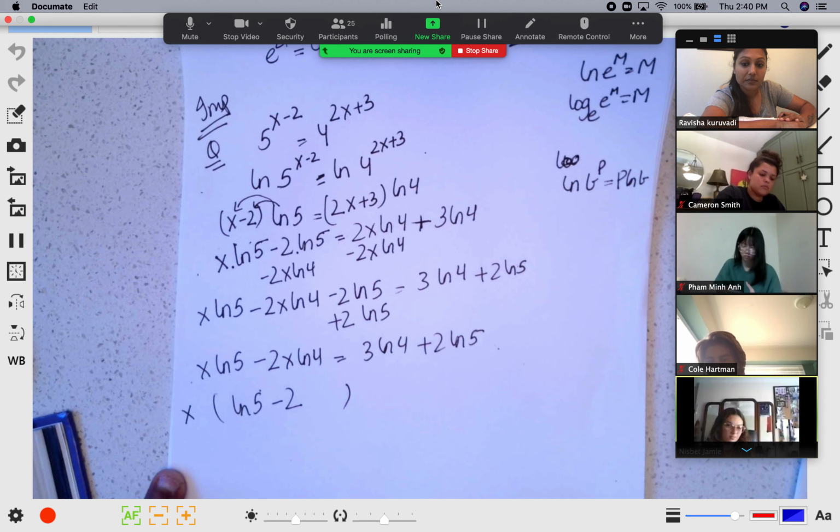Yes, correct. What's the next step? Your next step is to divide both sides by minus 2 ln 3. Basically, you get x is equal to negative ln 3 minus ln 7 over ln 7 minus 2 ln 3. Good, really good. Can you use a calculator and tell me the final answer?